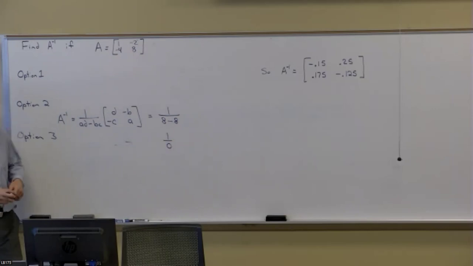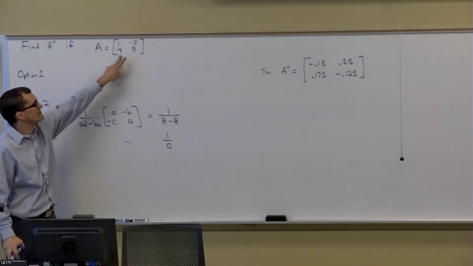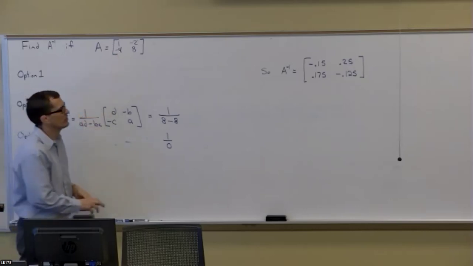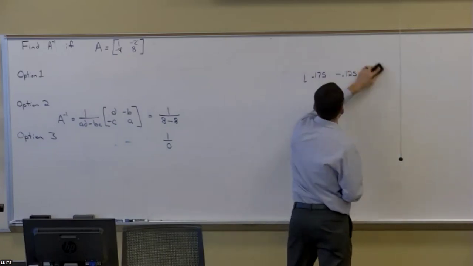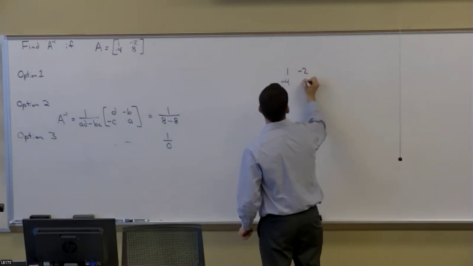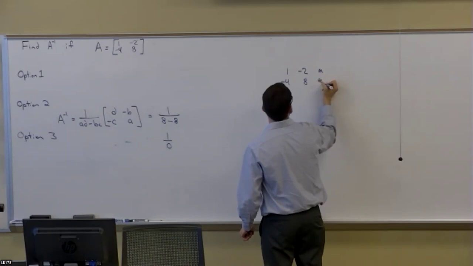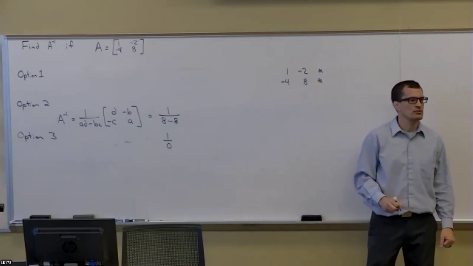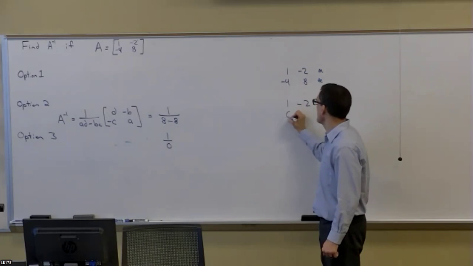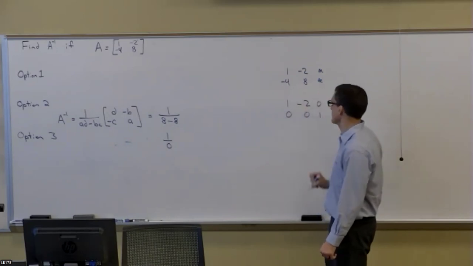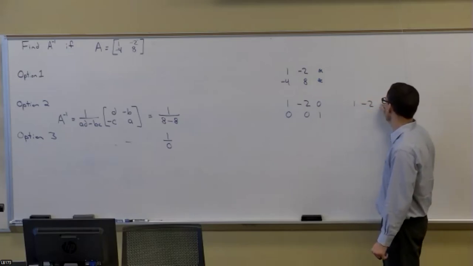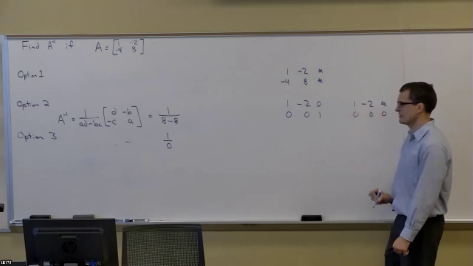Okay. Notice that also, this is the special case where if you had an augmented matrix and you tried to do row reduced echelon form, what would end up happening is you'd either get 0, 0, 1, 0 like that, or you'd end up getting some other number and a row of zeros.